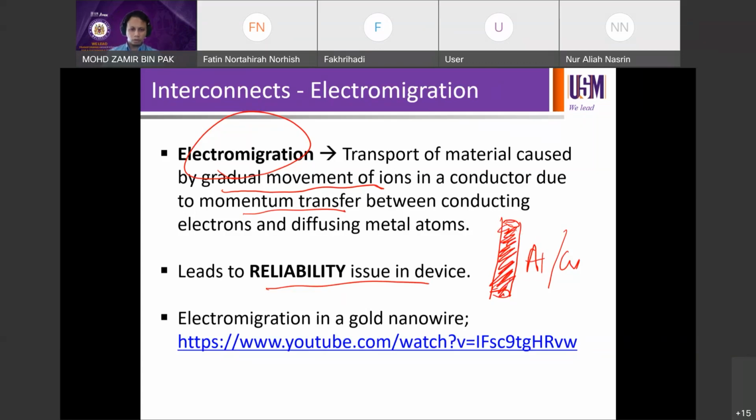Electromigration in a gold nanowire. Let me just show you this. So let me share with you. Skip ad. Yeah, saya buka YouTube dulu.